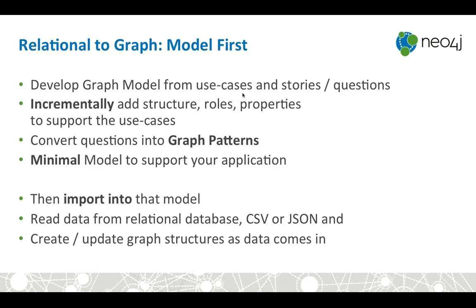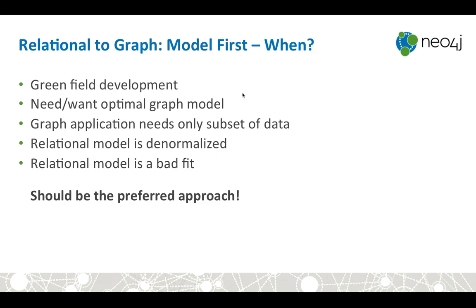So you take your use cases, your user stories, your questions that you want to ask from your application, and develop your graph model from those. So you identify entities, you identify relationships from these, and build incrementally a graph model. With each new user story, a new aspect of the graph model is added, or an existing aspect of the graph model is enhanced and updated.